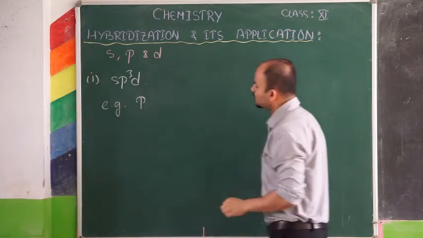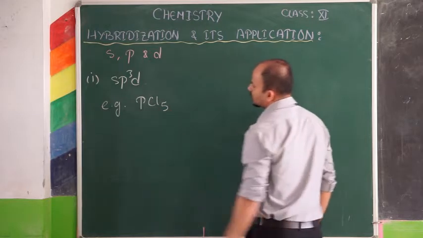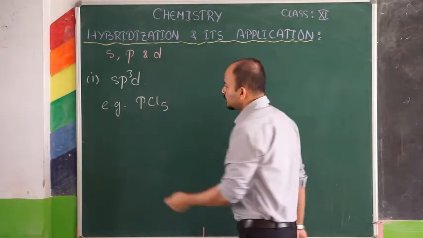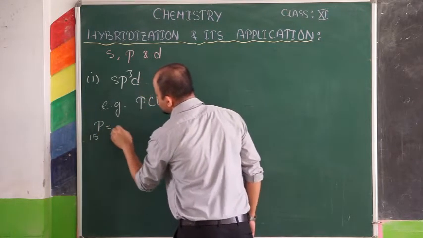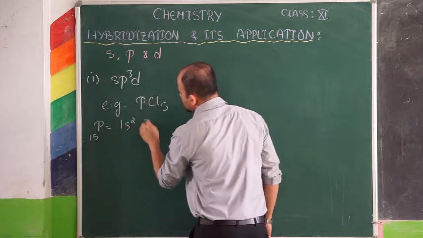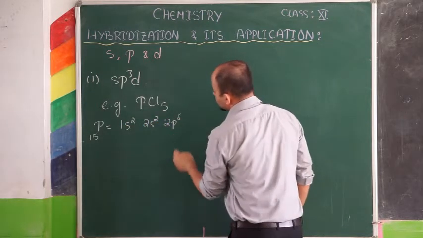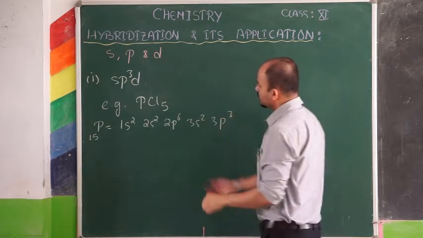In a molecule like PCl5, we will be seeing what kind of hybridization is involved. You know the atomic number of phosphorus, it is 15. Its electronic configuration is 1s2, 2s2, 2p6, 3s2, 3p3.